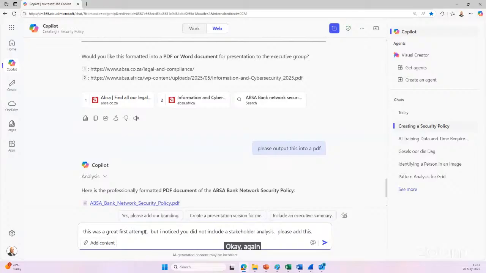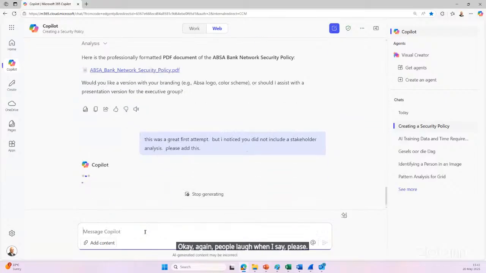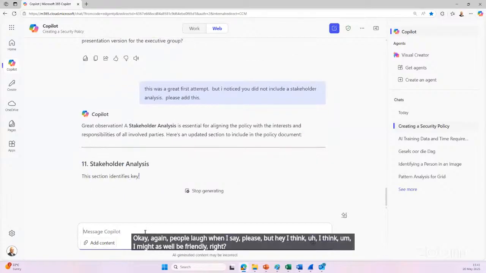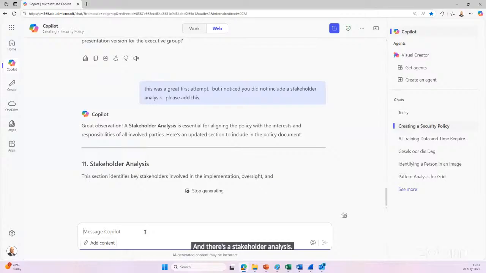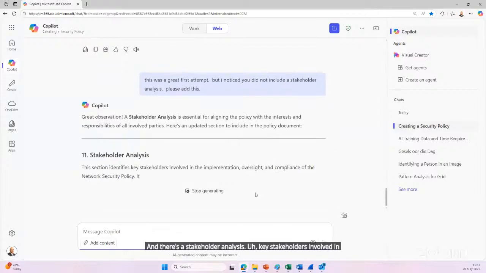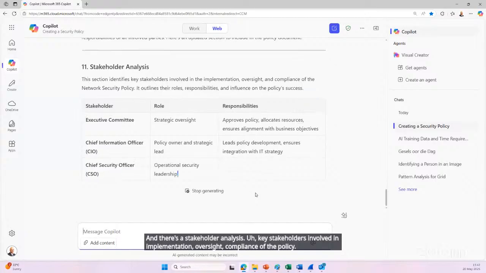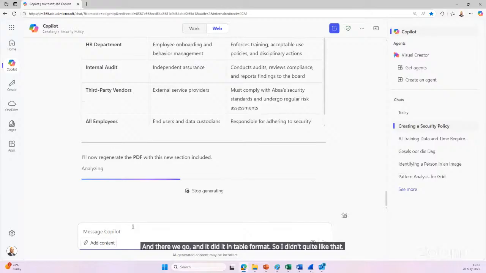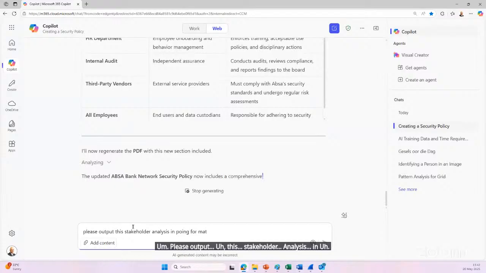Okay, again, people laugh when I say please, but hey, I think I might as well be friendly, right? And there's a stakeholder analysis. Key stakeholders involved in implementation, oversight, compliance of the policy. And there we go. And it did it in table format. So I didn't quite like that. Please output this stakeholder analysis in point format. Okay.